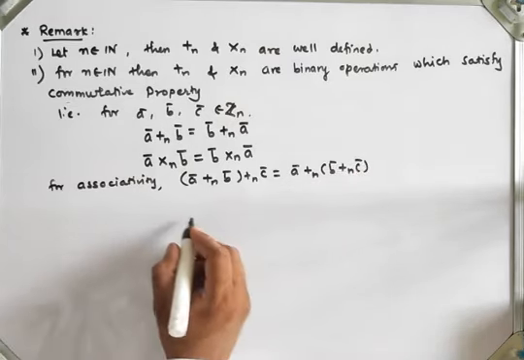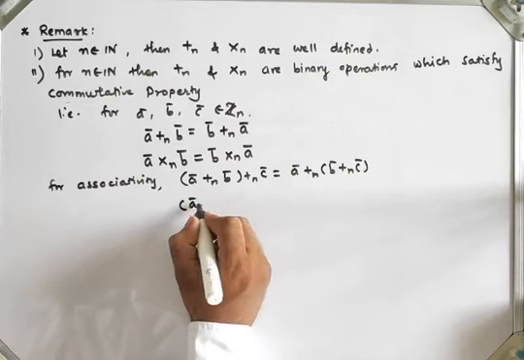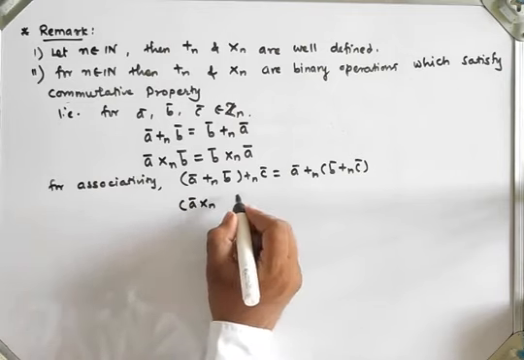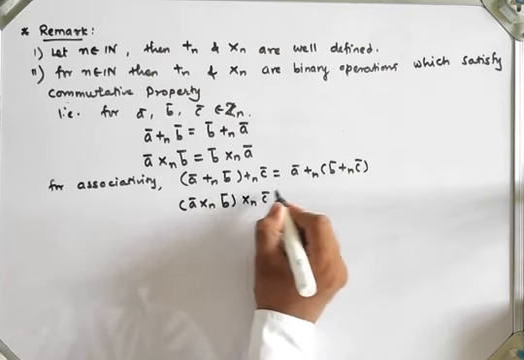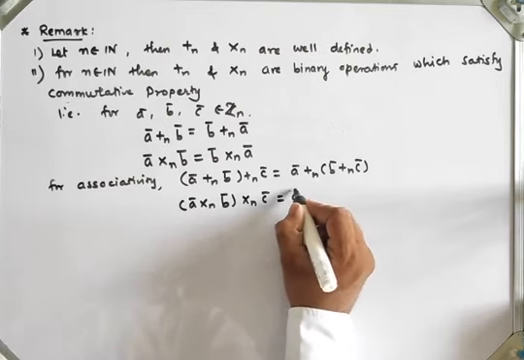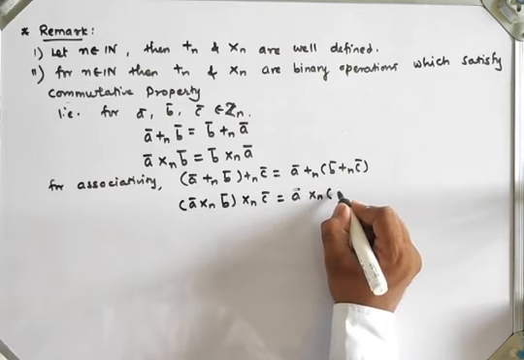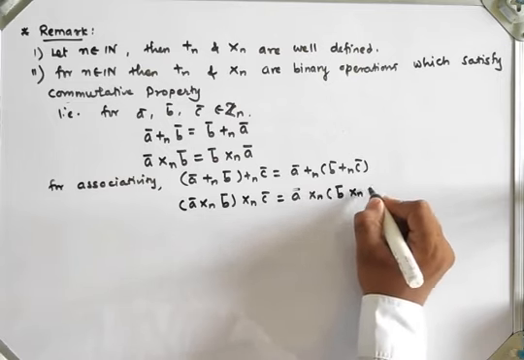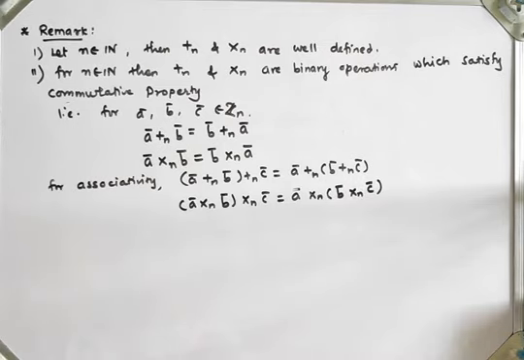This is for addition, and for multiplication we get residue class A multiplication modulo n (b bar multiplication modulo n c bar) is the same as (residue class A multiplication modulo n residue class B) multiplication modulo n C. So this is the associativity property.